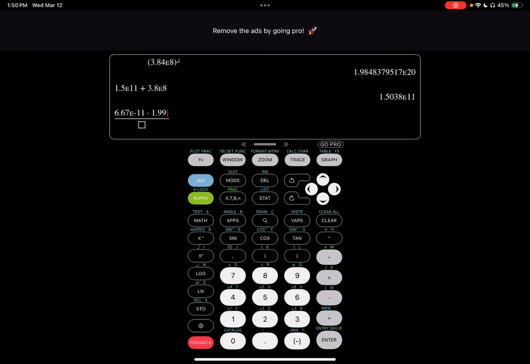The sun, and then we have the moon, 7.35 E22. Ah, here I am trying to get the corners here. 35 E11, and of course I needed to square this.